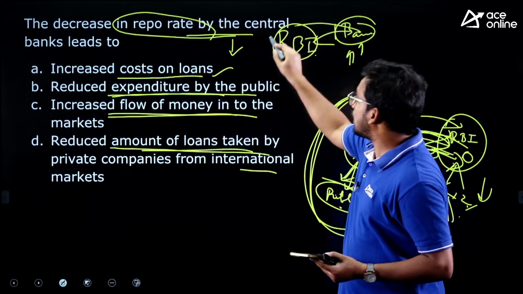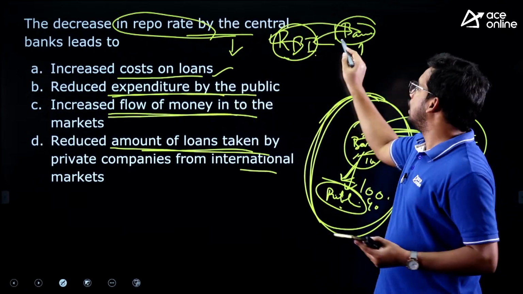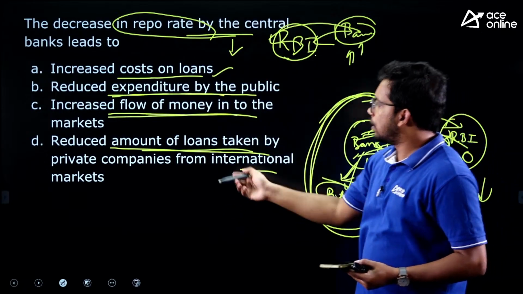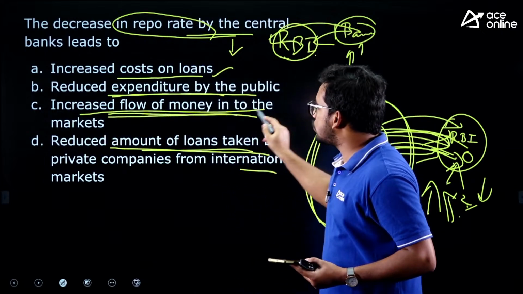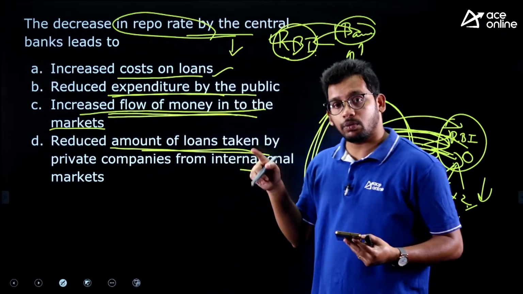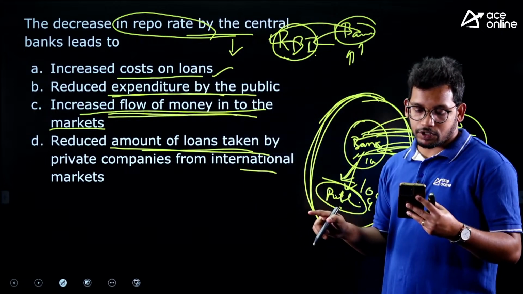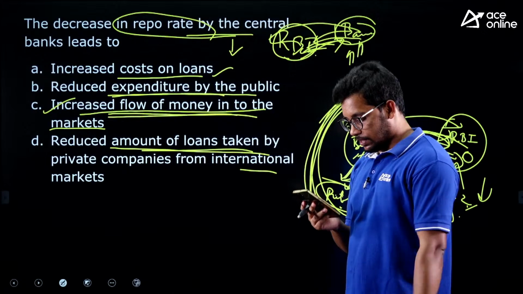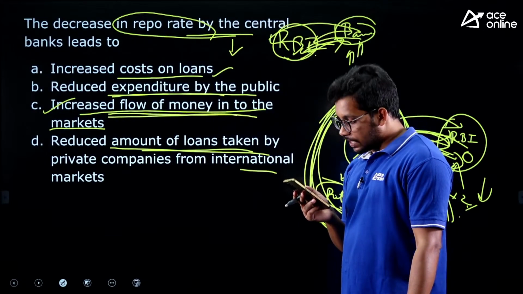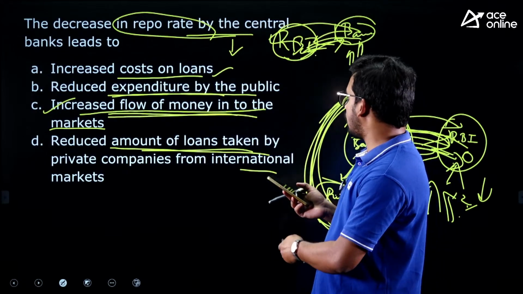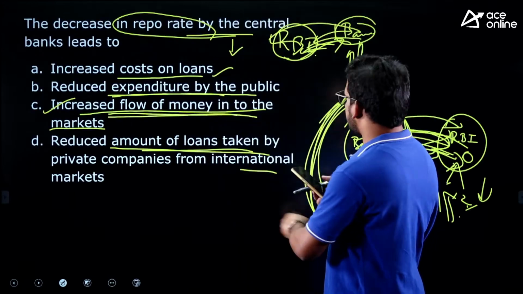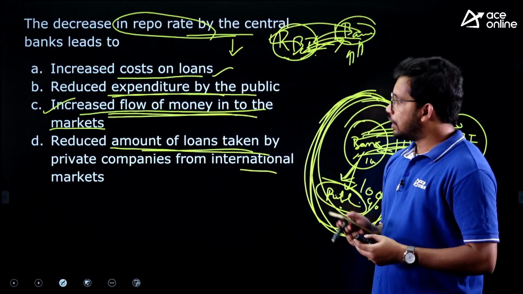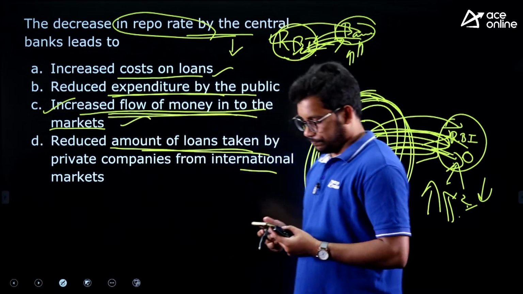So banks will rush to RBI to take loans because they want to pay less interest, and there will be an increased flow of money in the market. Try to listen once more; if you are confused, just pause or go back. Sanket has already answered. Earlier we discussed it wrongly, I guess, but now it is fine. So the answer is C.